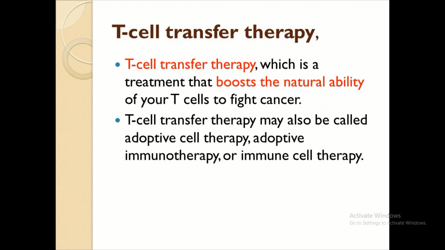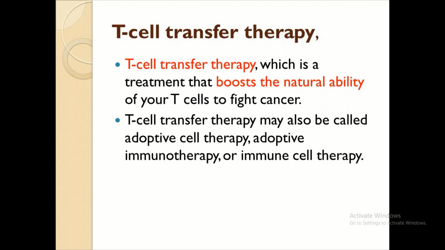The next method is T-cell transfer therapy, which is a treatment that boosts the natural ability of your T-cells to fight against cancer. What doctors do is isolate a part of the tumor and check which type of immune cell is highly present in the tumor and resists the tumor cell. So they will grow them in vitro in the laboratory.